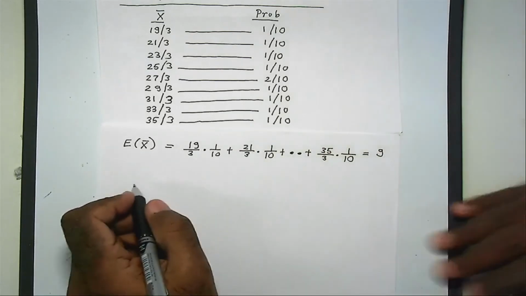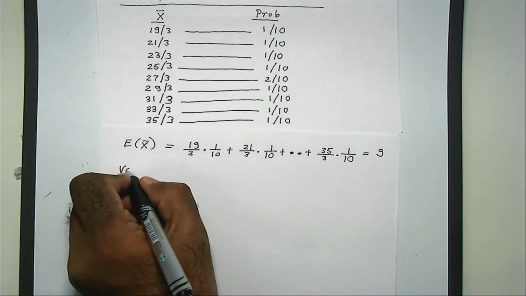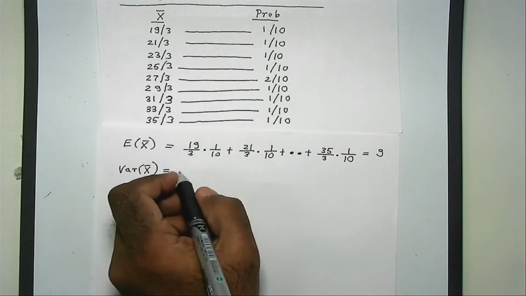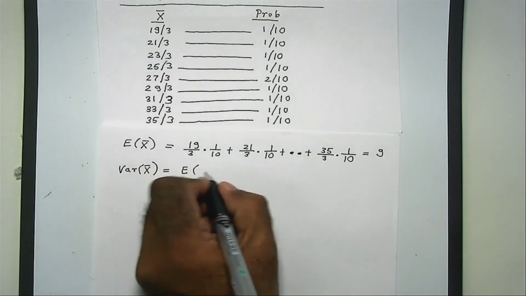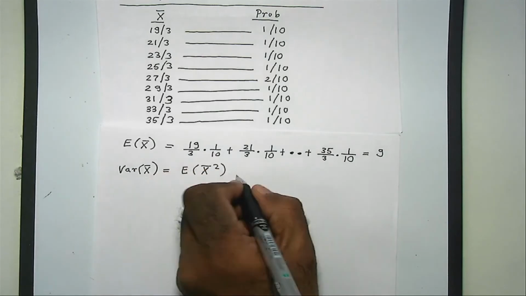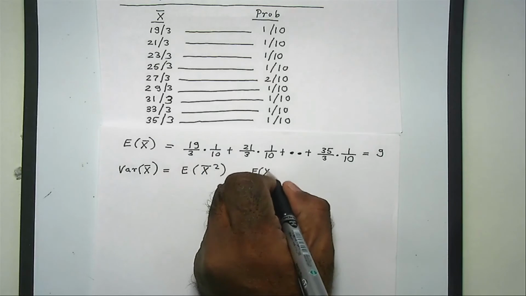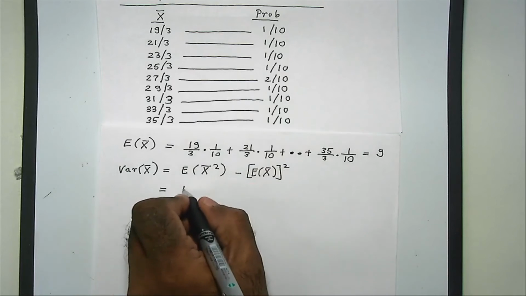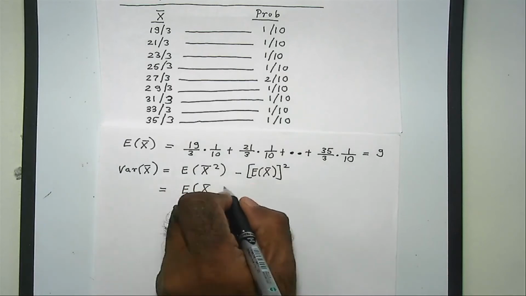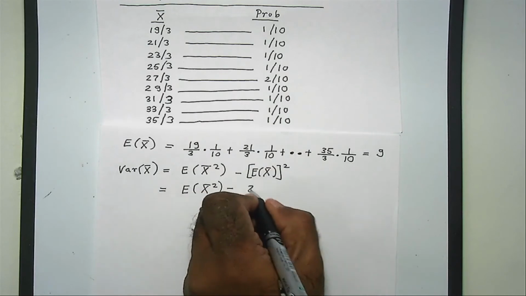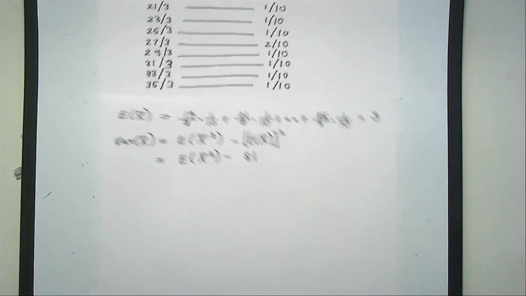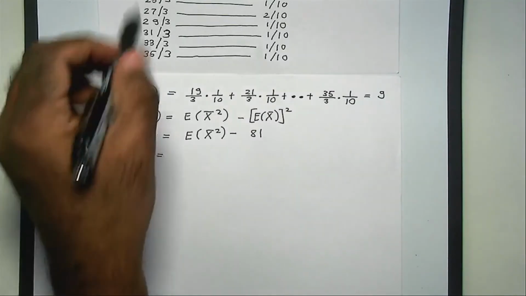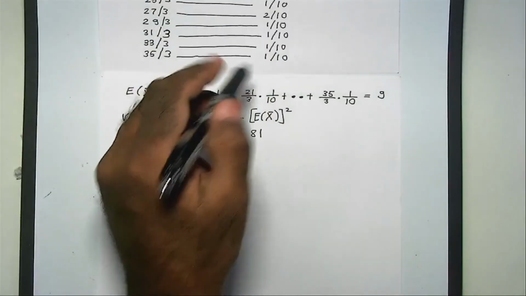Okay. All right. Now to find the variance, you use this familiar formula, which is the expectation of the square of this minus the square of this. So it's gonna be the square of 9 is 81. All right. So now to compute this guy here, you square the first column and multiply with the second column. Right.